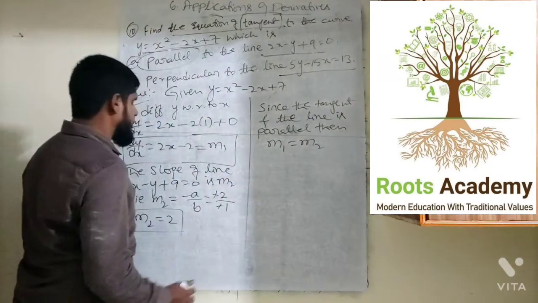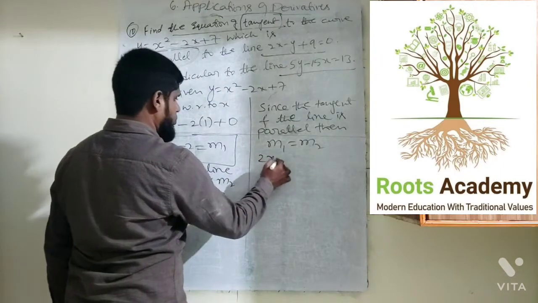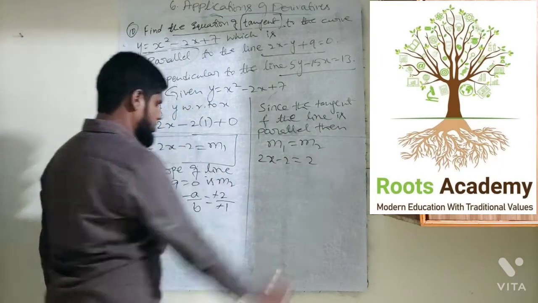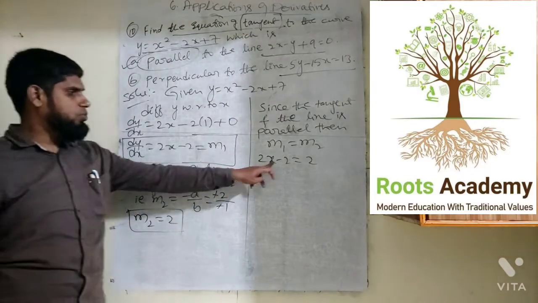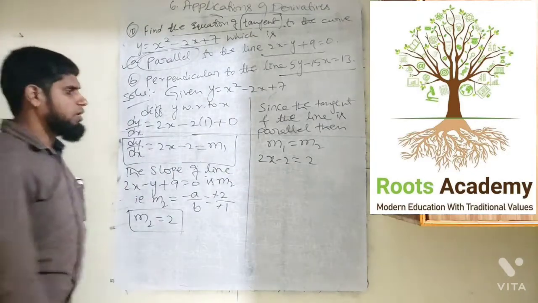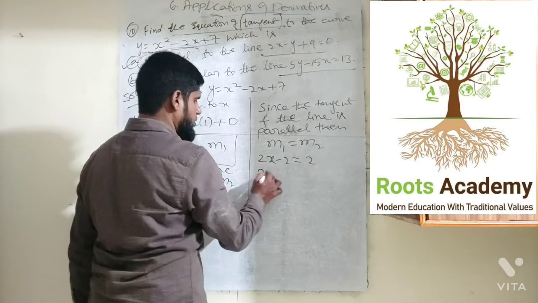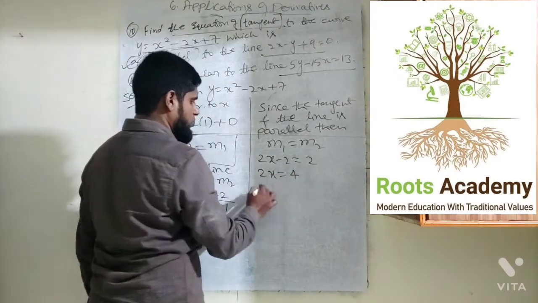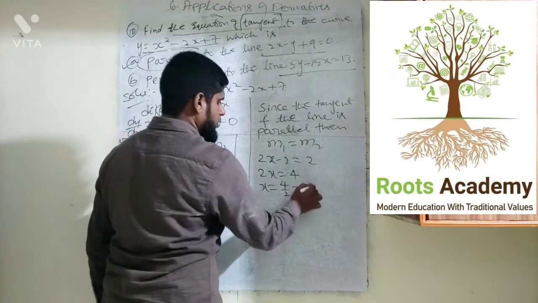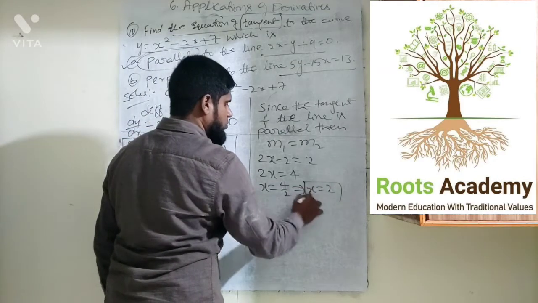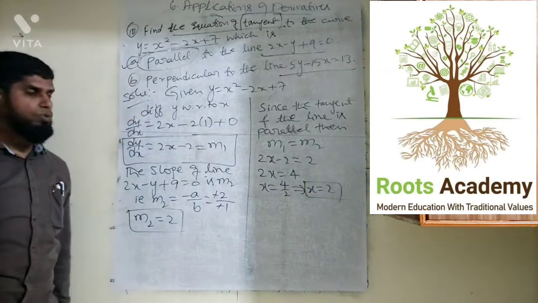So what do we get? 2x minus 2 is equal to 2. m2 is 2 and m1 is 2x minus 2. Shift minus 2 to the other side. So 2x is equal to 4. So x is equal to 4 by 2. That gives x is equal to 2.